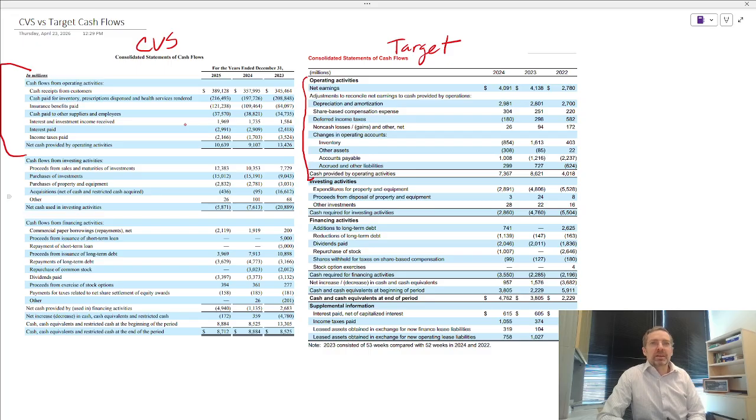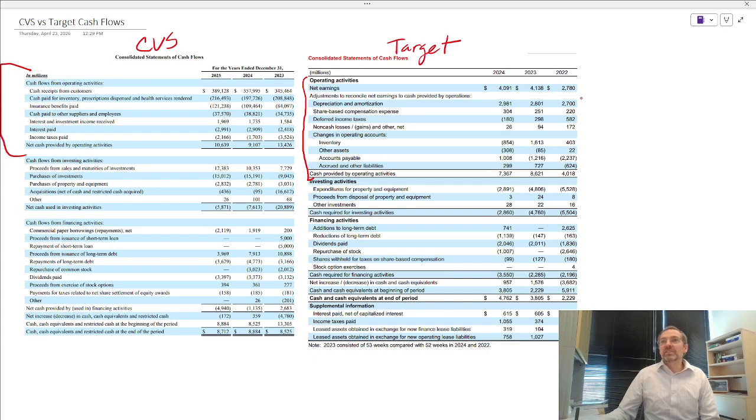Or how much did they pay for income taxes? Well, I see something called deferred income taxes. Is that the same thing? No, it's not. So all of these basic questions that I might have about day-to-day operations at Target, I can't answer because the lines or the method that Target used is very different than the method that CVS used to put together the statement of cash flows.